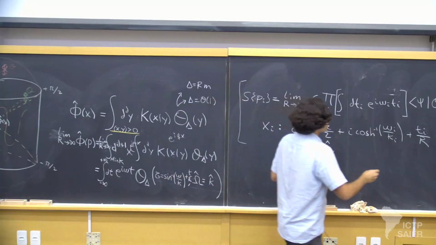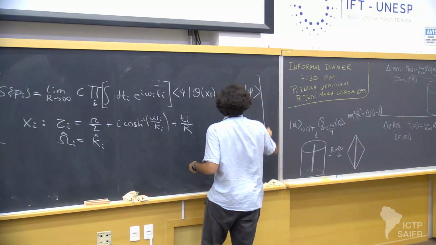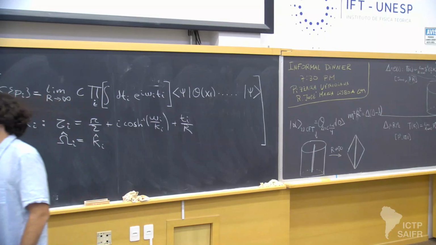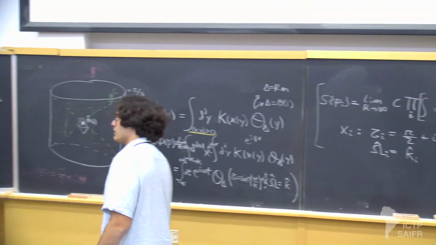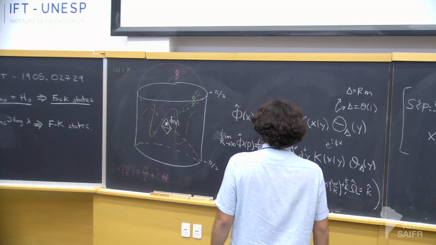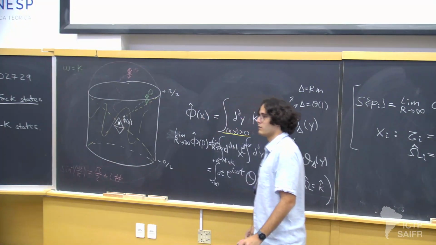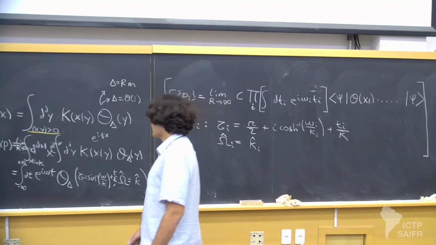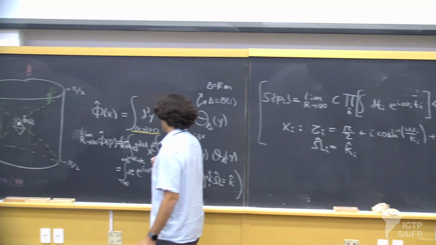And now let me make some comments about it. Yep. You created something like a local operator in momentum space, right? Yes. Should you not do some kind of LSZ reduction to go from that to the S matrix?